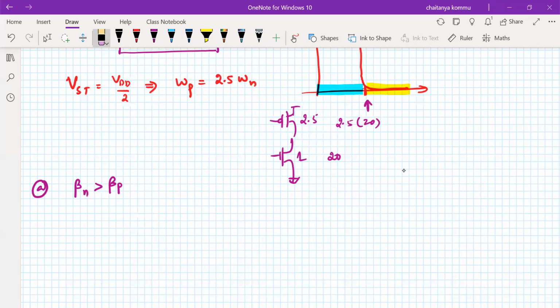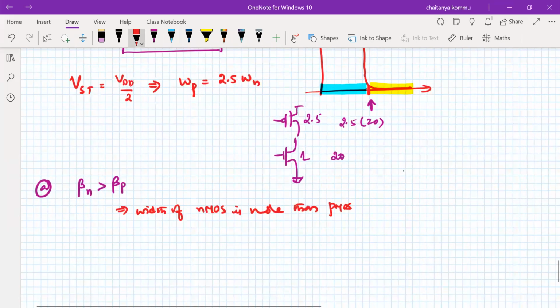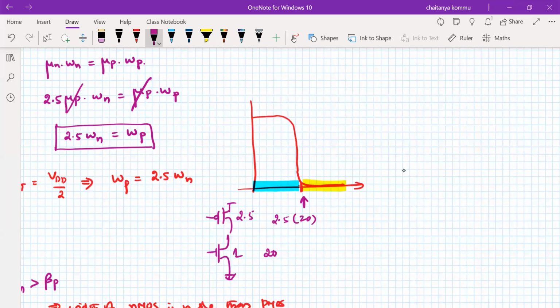Under this situation, the characteristics will change something like this. So the characteristics will move, the trip point will move towards the ground side.